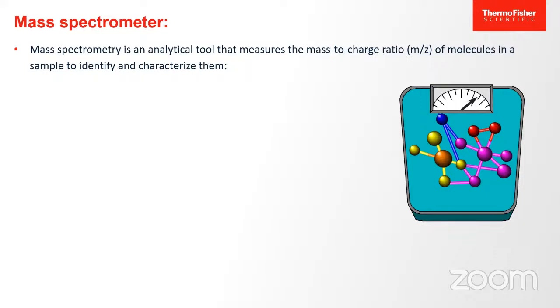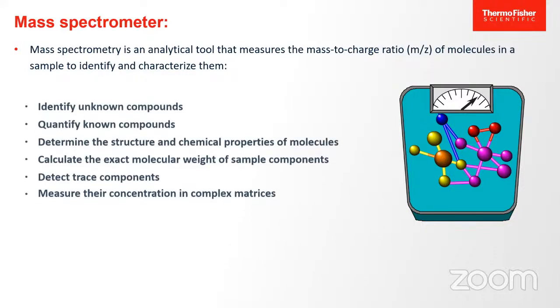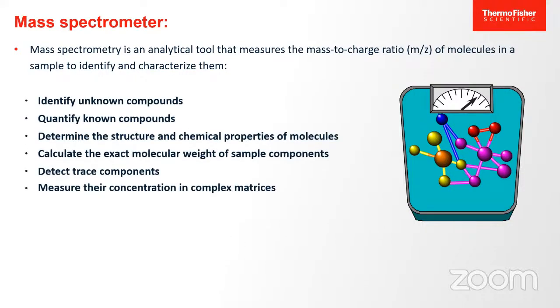So the very first thing is: what are mass spectrometers? People who have not used mass spec might have been wondering what these machines are. Mass spec is an analytical tool that measures the mass-to-charge ratio of molecules in a sample to identify and characterize them. What do we mean by identification and characterization? In layman's language, mass spec can identify an unknown compound.